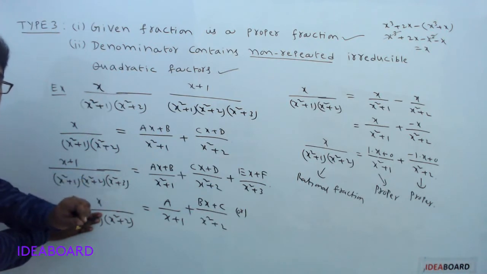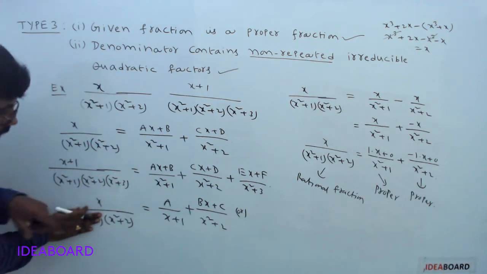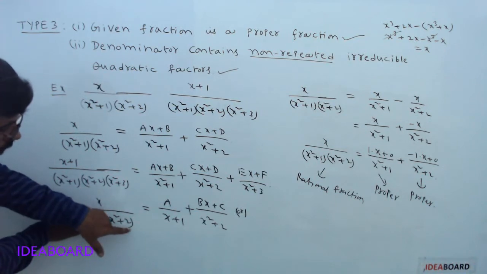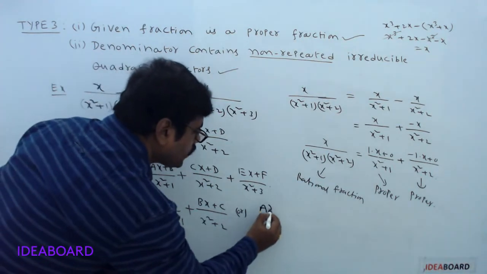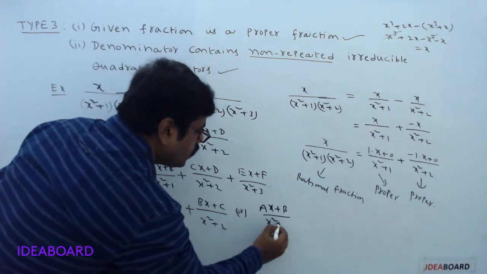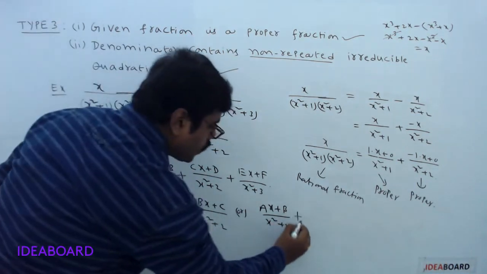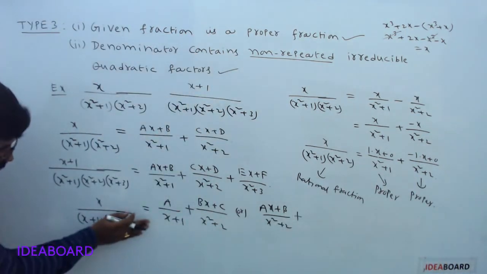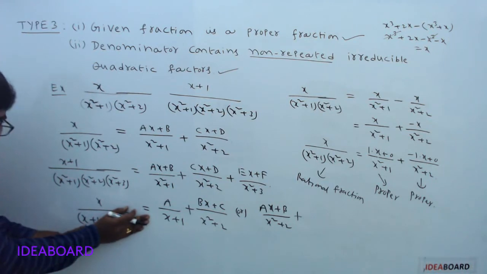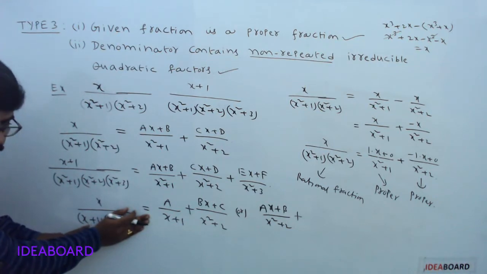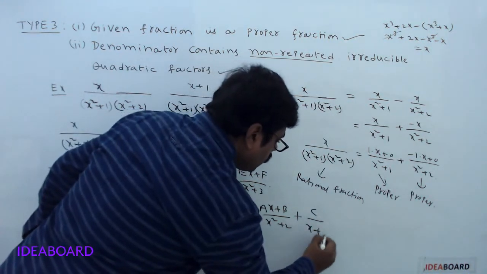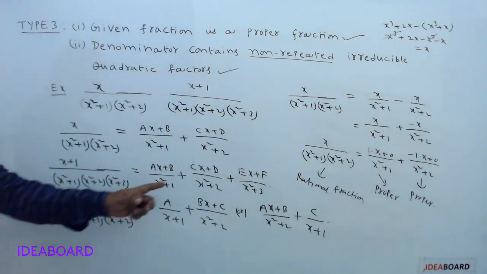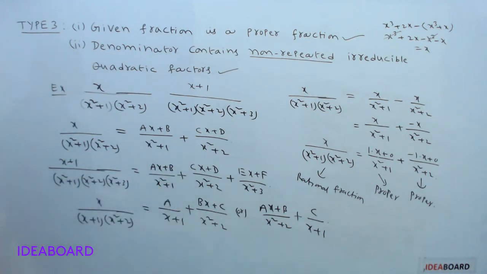Linear factor means which is in the form of Ax plus B. So its partial fraction is (Ax plus B) divided by x square plus 2, plus, now this part is over, so close this one. It is a non-repeated linear factor, so there exists a constant term in its numerator. So C divided by x plus 1. You can follow any one method, that is your choice.